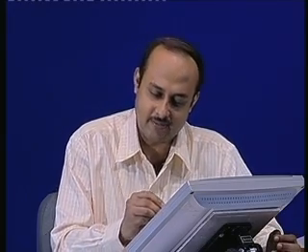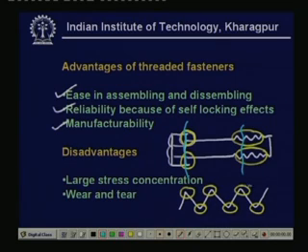The first thread usually takes the largest portion of the load. Therefore, the failure may take place near the first thread. There are different failure modes for threaded fasteners, but they all occur because of the large stress concentrations in various parts of the member.